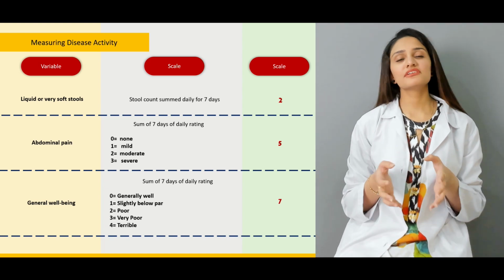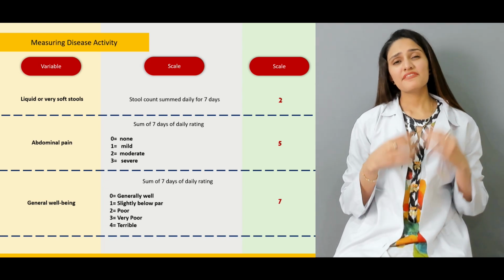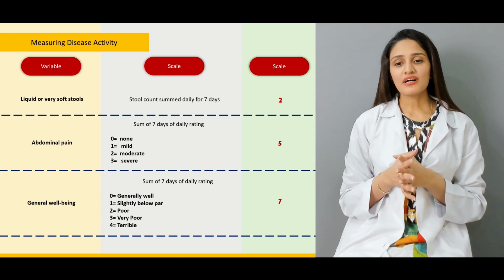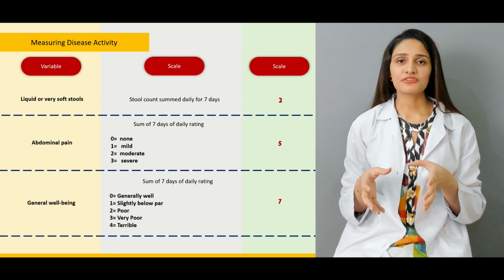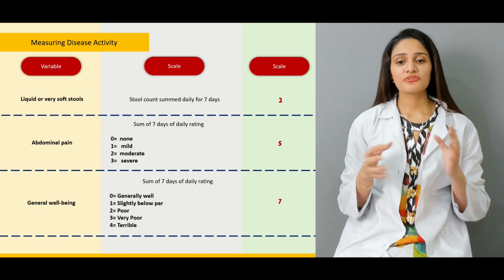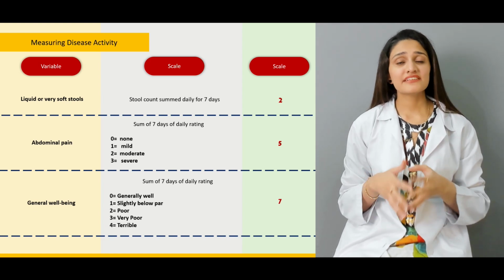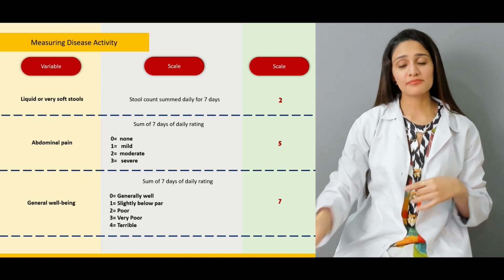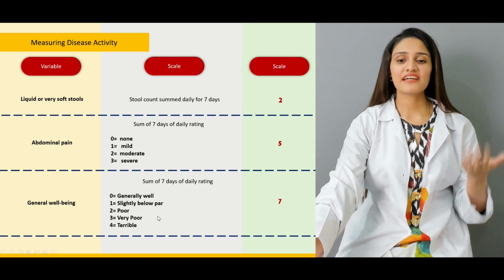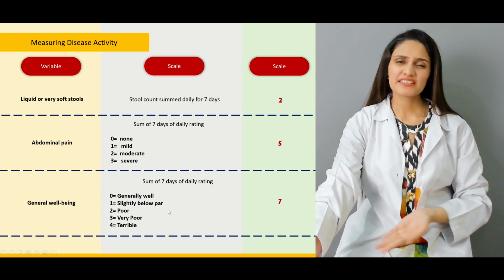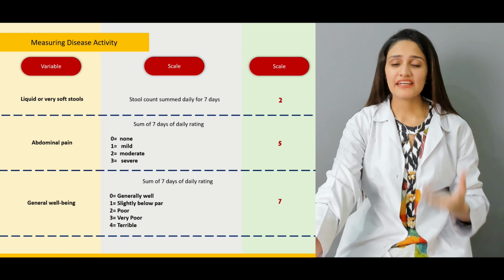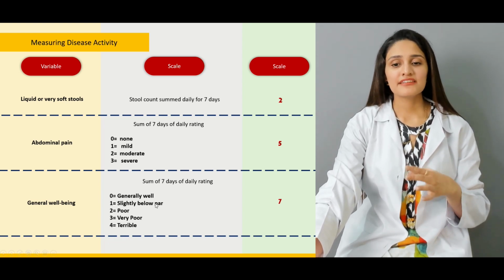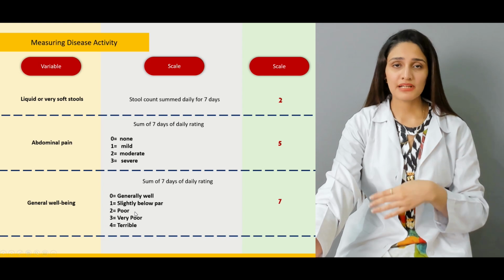Then we talk to the patient about whether he's generally feeling well or not. This will also be a sum of all the consecutive 7 days. If he's completely well and doesn't have any type of symptom, it'll be 0 multiplied by 7. If he thinks that he is slightly sluggish or slightly lazy and doesn't really feel well, slightly below par, it'll be 1 multiplied by 7.